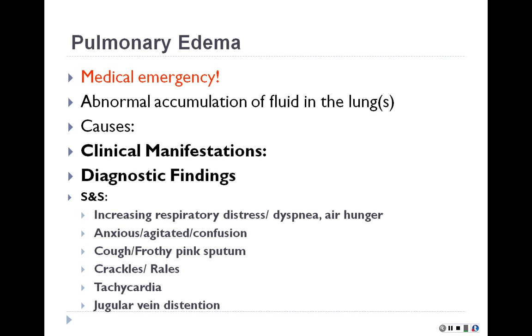It's released when there's a rise, and that rise indicates heart failure. So a BNP of less than 100 pg per mL rules out cardiac failure, but one greater than 500 means they are in congestive heart failure. So we're going to talk about congestive heart failure, and you can see how the pulmonary edema plays in and gets rolled into several different conditions.